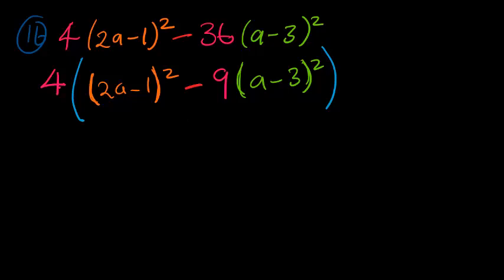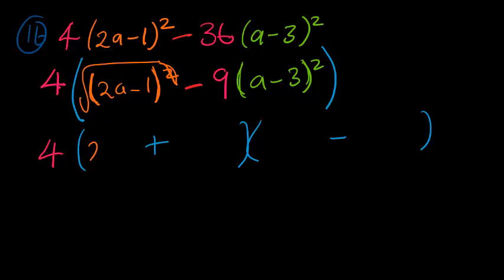So the 4 stays outside. And then I've got 2 brackets, right? My 2 brackets are going to have a plus and a minus in each, one plus, one minus. The square root of this bracket is going to be the bracket (2a − 1) without the square.